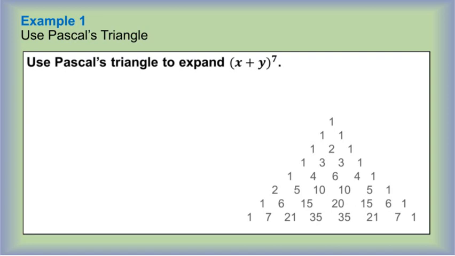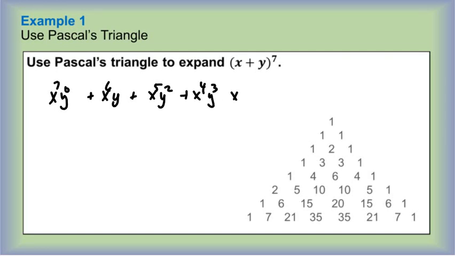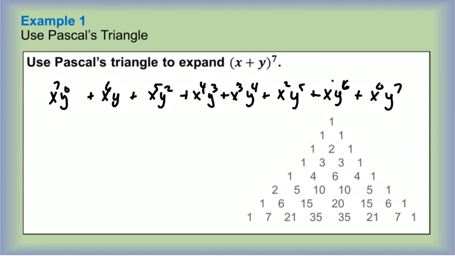If I were to come up with the terms, I would have x to the 7th, y to the 0, plus x to the 6th, y to the 1st, plus x to the 5th, y to the 2nd, plus x to the 4th, y to the 3rd, plus x to the 3rd, y to the 4th, plus x squared, y to the 5th, plus x to the 1st, y to the 6th, plus x to the 0, y to the 7th.